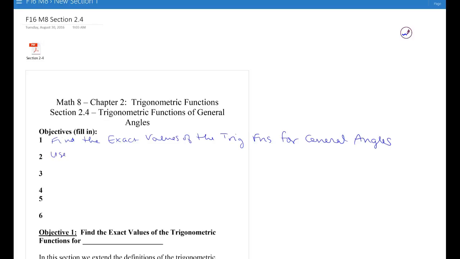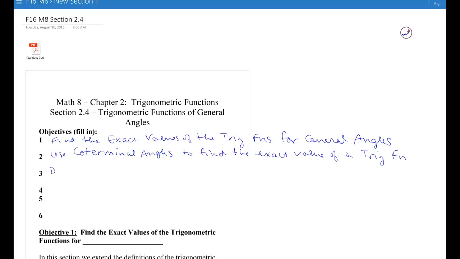So the next objective is going to be to use something we call coterminal angles to find the exact value of a trig function. So that will be a big idea, coterminal angles.